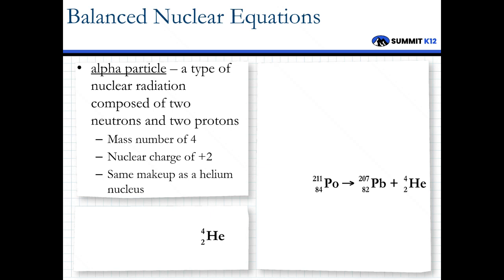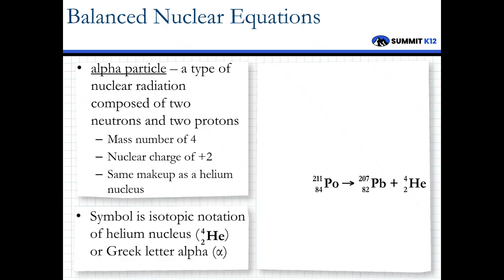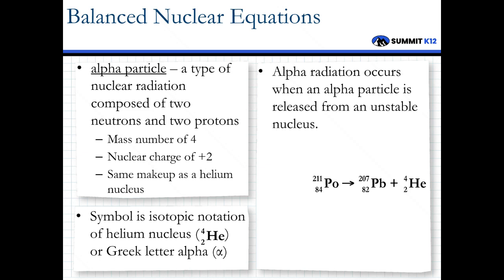Alpha particles are often symbolized by using an isotopic notation of the helium nucleus, 4,2He, or a lowercase a, Greek letter alpha, right? So alpha radiation occurs when an alpha particle is released from an unstable nucleus.